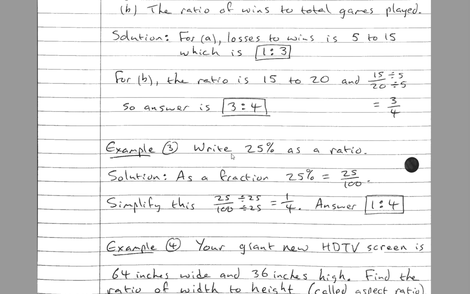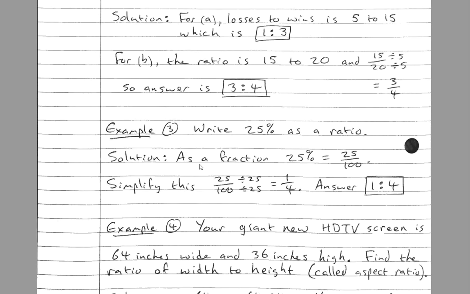Example 3, write 25% as a ratio. So what is 25%? Well, if you remember, 25% as a fraction is 25 over 100. So this is the fraction, and we can simplify it.